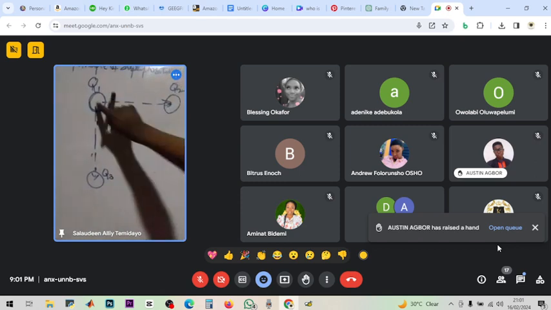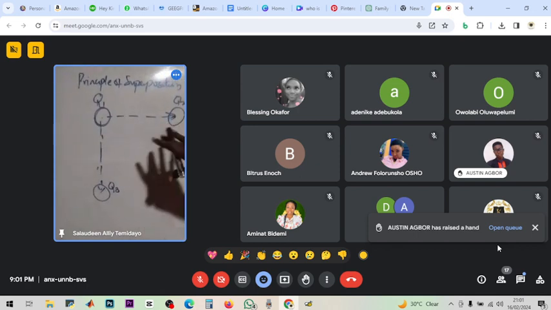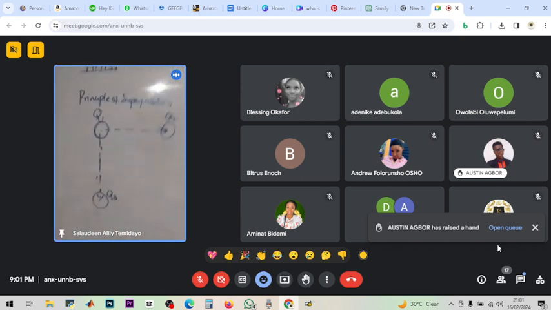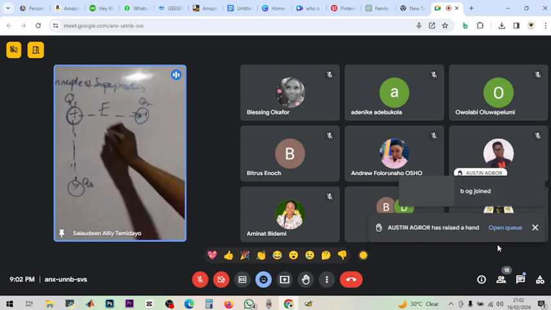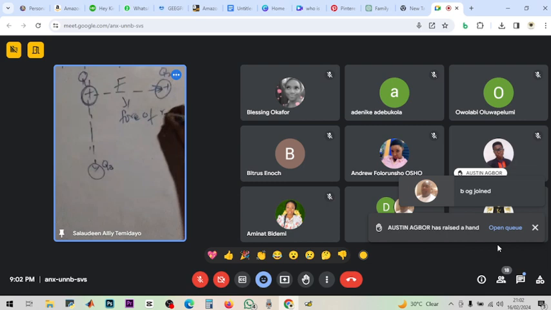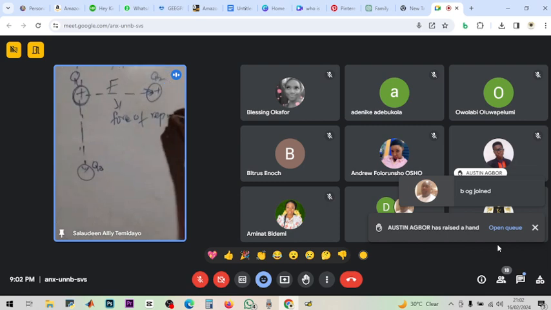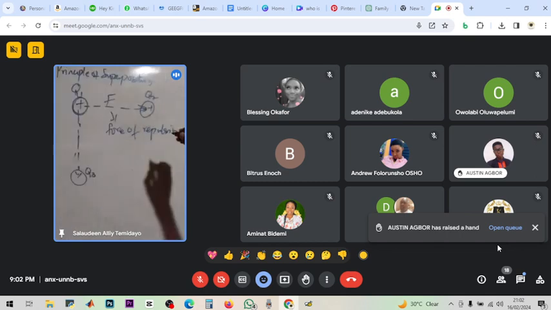That's the law. If they are the same charge, if this is plus and this is plus, definitely there is a repulsion between them. The force that exists between them, we call it the force of repulsion.